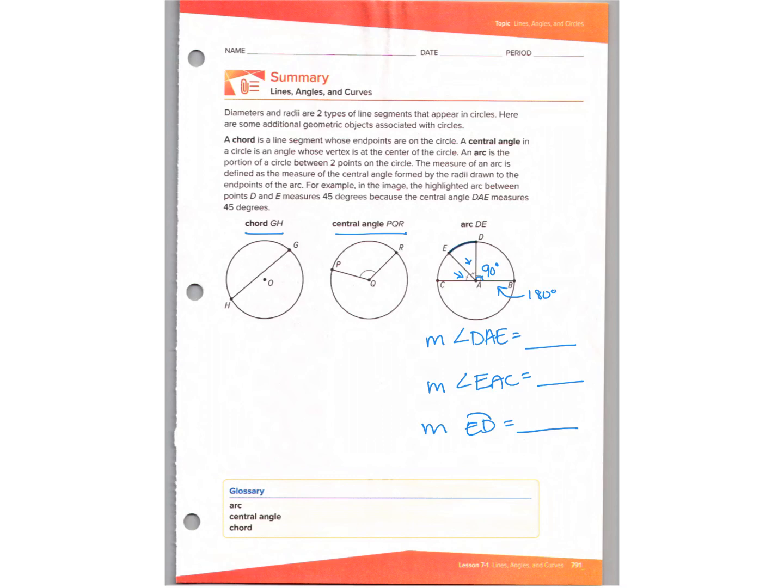So I know that DAE, the angle on the top, is 45 degrees, and the angle on the left would also be 45 degrees. Together they should equal 90, so that 90 and 90 is 180 for the whole diameter. And then ED, I know that an arc is equal to its central angle, so it would also be 45 degrees. Thank you, geometry.